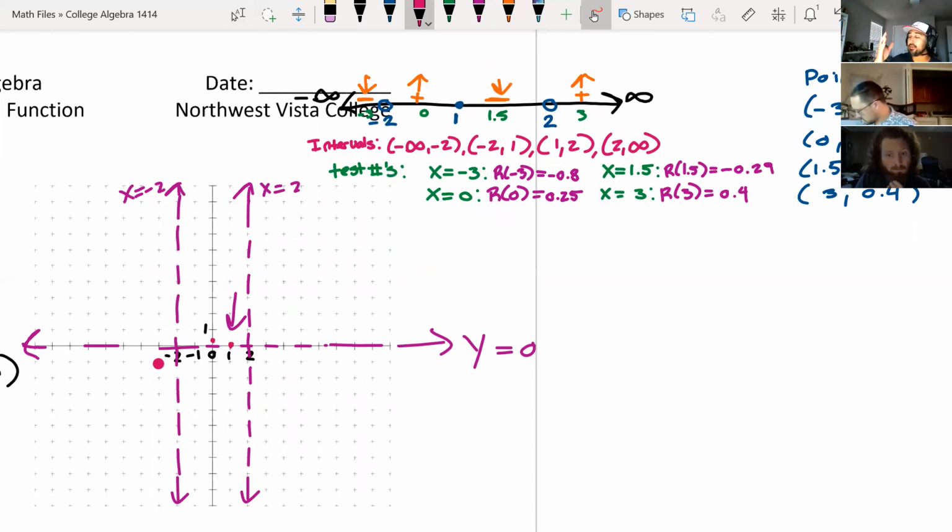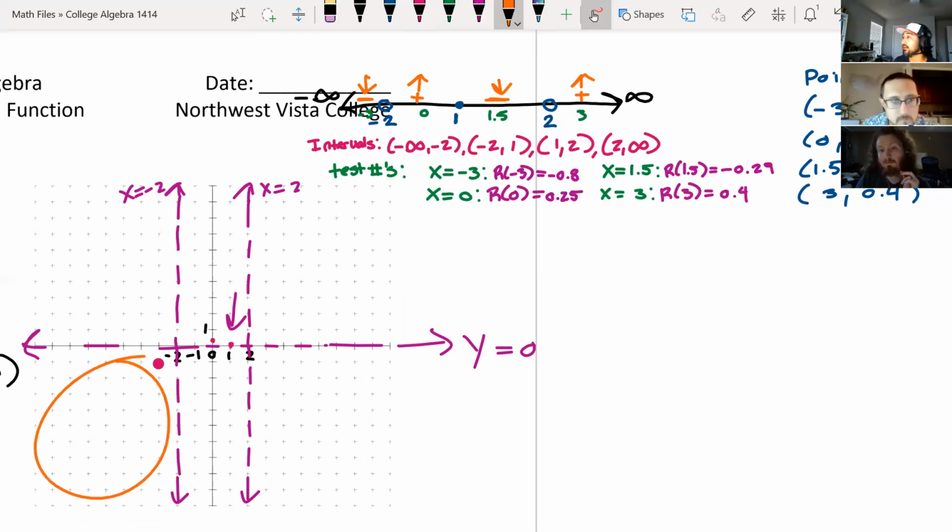It says from -infinity to -2, we are below the x-axis. This means that from this point, we can draw that part of the function because everything down here is below the x-axis, which means from this point, I'll follow my vertical asymptote down and I'll follow my horizontal asymptote out to the left.